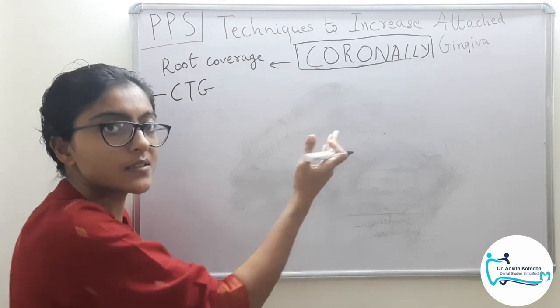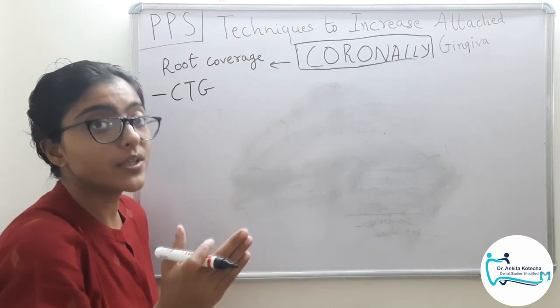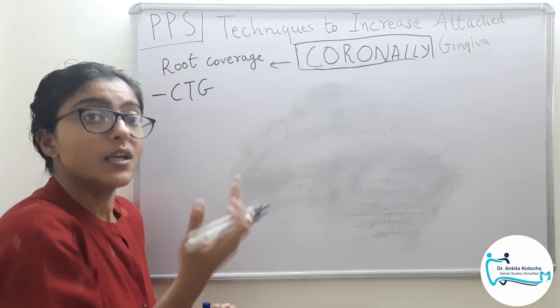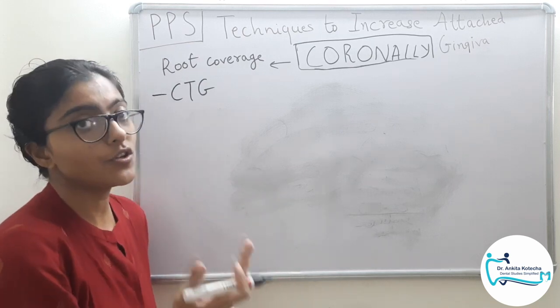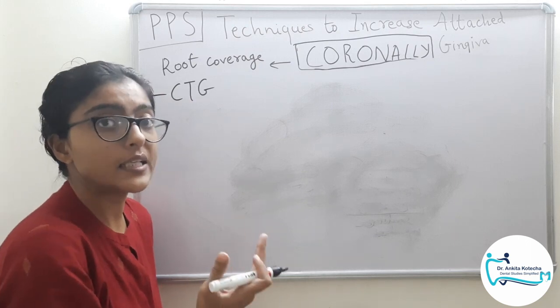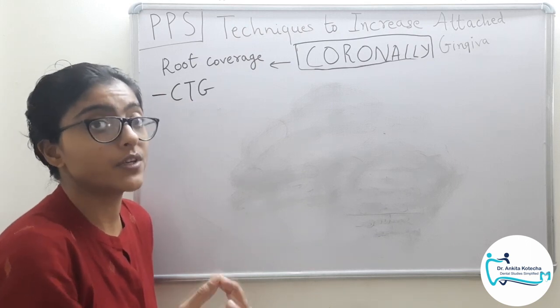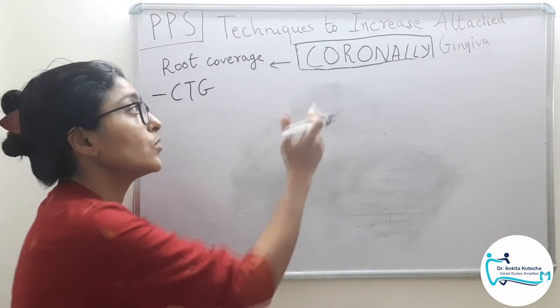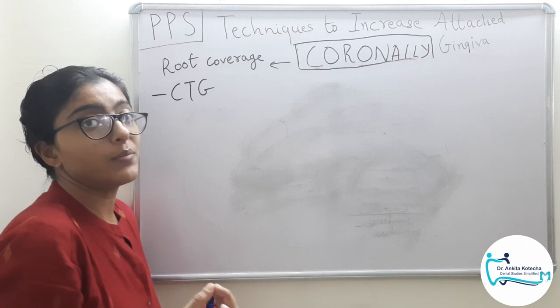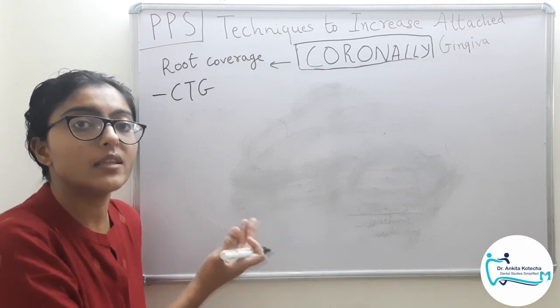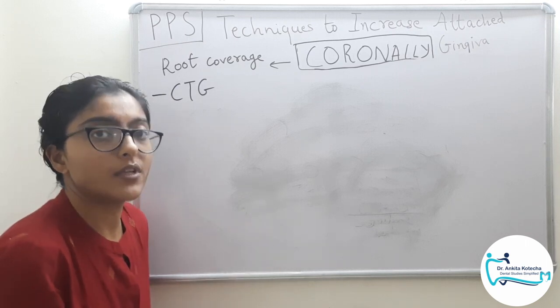Remember, we are still discussing techniques to increase the width of attached gingiva, wherein we can increase the width of attached gingiva apical to the recession or coronal to the recession. But the technique ultimately aims at increasing the width of attached gingiva. Although in coronally increasing the width of attached gingiva, we have a benefit of root coverage, and that is why these techniques are called root coverage techniques.